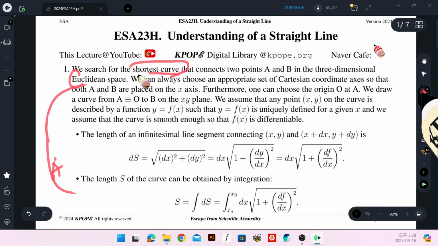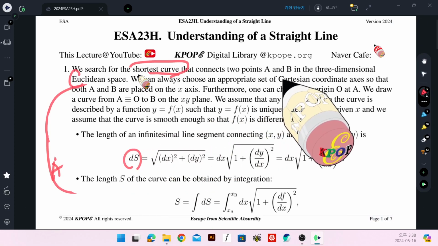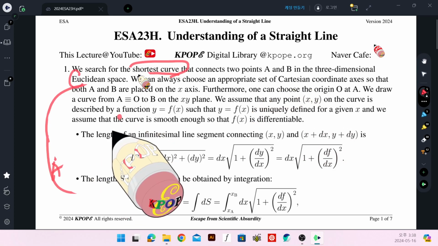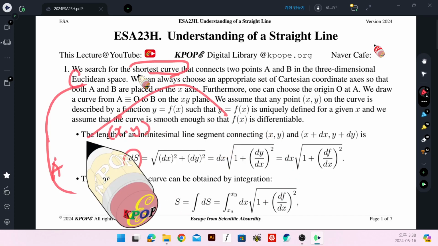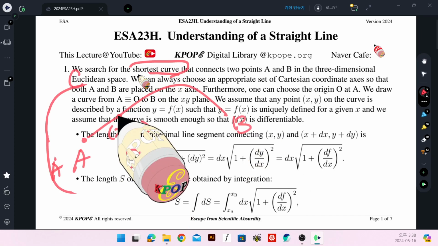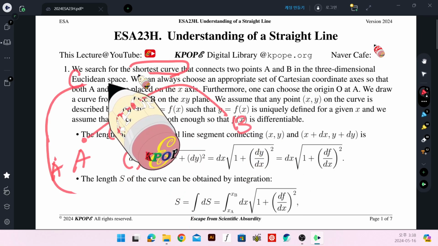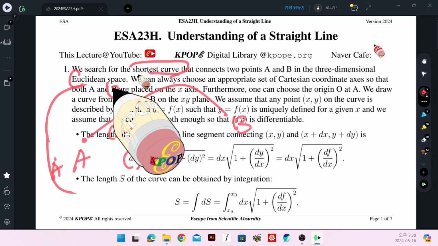To do that, we'd like to define the length of an infinitesimal line segment connecting x comma y on the curve that connects A and B, and we choose another point slightly shifted from the point x comma y.